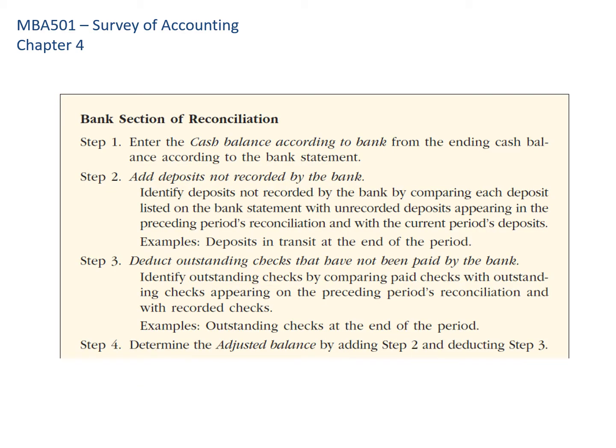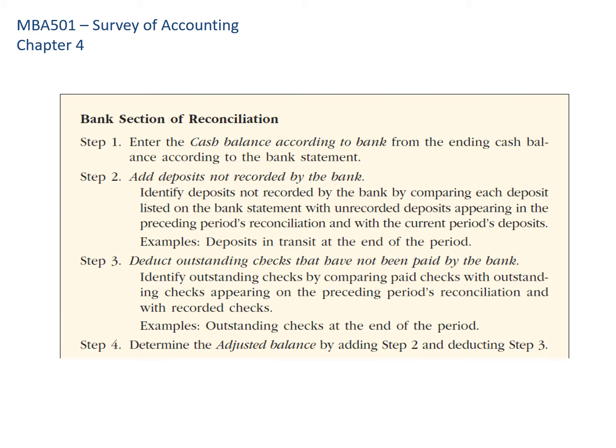And that's done in two parts, and I'll explain the two parts and then show you the whole thing. So the top part is the bank section. That's where we start with the ending balance as per the bank, and then we add and subtract anything that we know about that the bank doesn't. Usually that's two different categories.